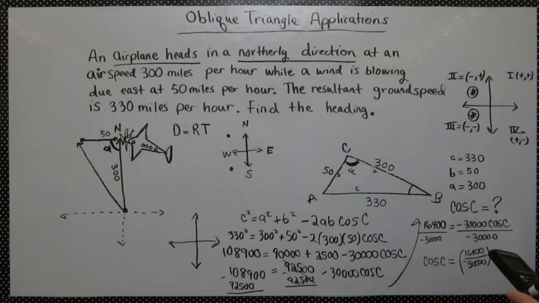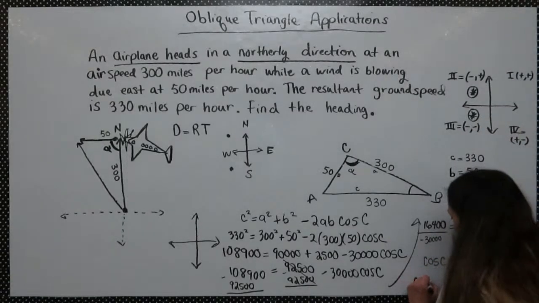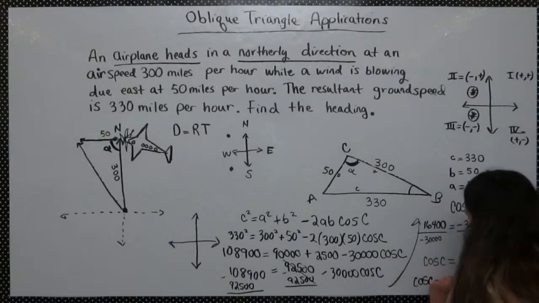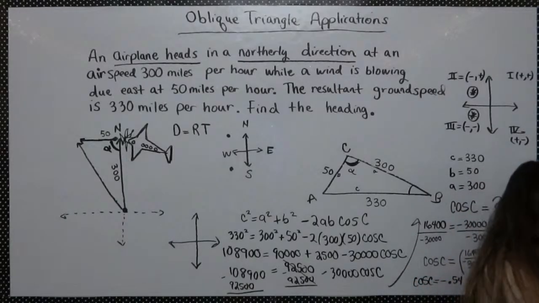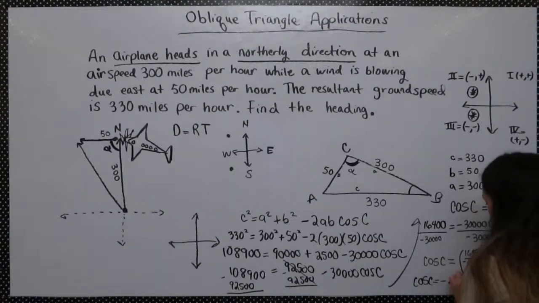So negative 16,400 divided by 30,000. And I'm getting cosine C equal negative 0.54, and then it's 6 repeating.